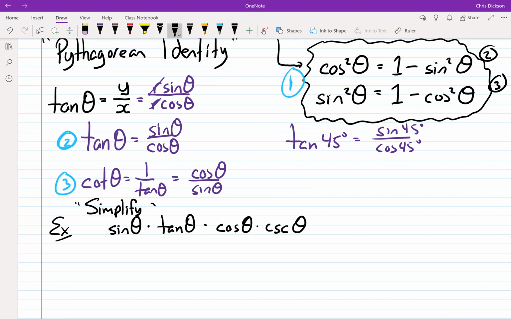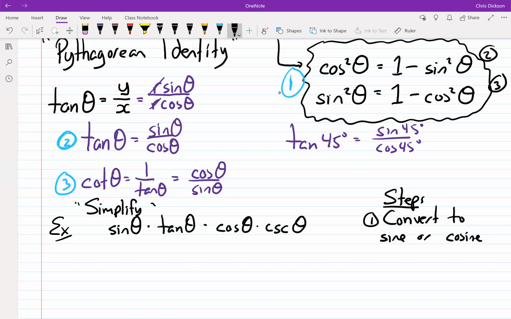So what I would say is, it's a suggestion, possible steps you could take is I would try to convert to sine or cosine. And the reason I suggest that is that if you're just dealing with sine and cosine, you're just dealing with two different things.